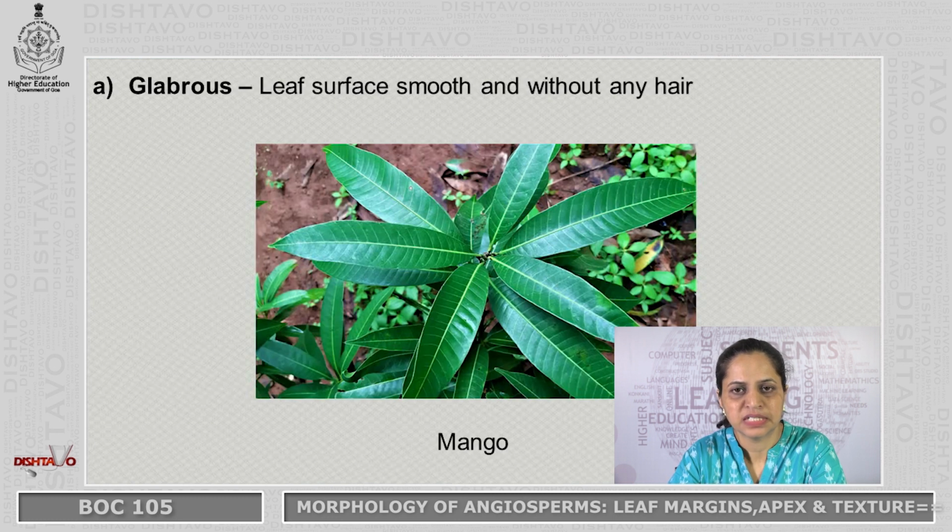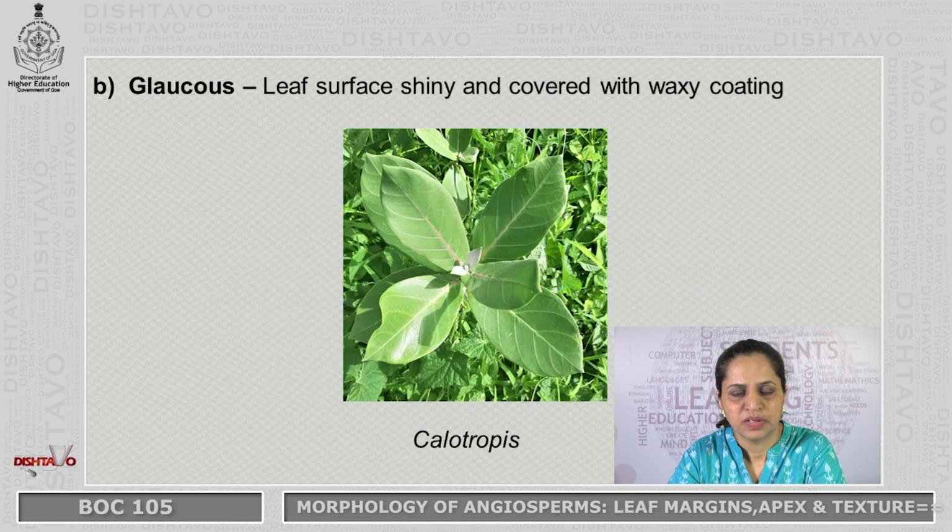When the leaf surface is smooth without any hair, it is termed as glabrous. Example, mango. When the leaf surface is shiny and covered with waxy coating, it is termed as glaucous. Example, calotropis. Another example is lotus, which also shows the presence of wax on its leaves.